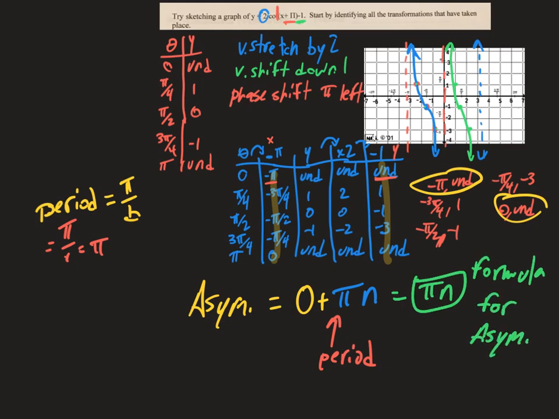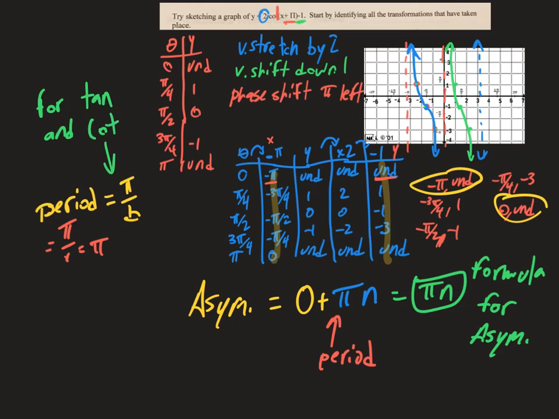Okay? So we calculated out the period on the left, and then we applied that to help us find where all the asymptotes are. So if you wanted to project out more asymptotes, this formula will let you pick out any number of those that you want. And that's basically graphing in a nutshell, and we threw in some period calculations and asymptote calculations as a little nice bonus there, okay? Remember, this formula for the period is going to be the same for tangents and for cotangents.